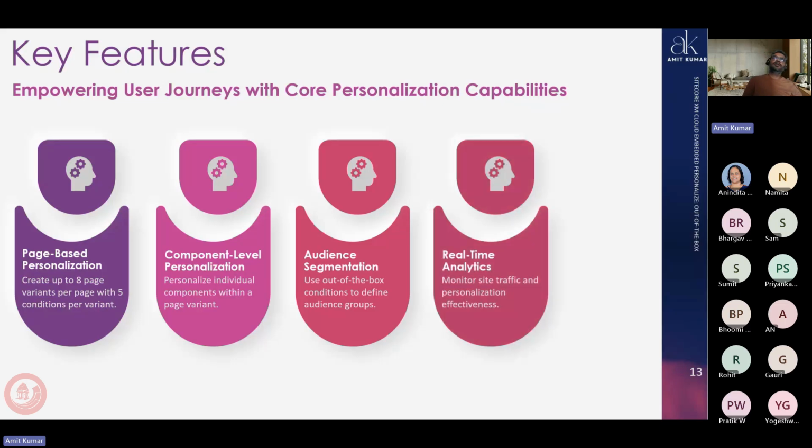Real time analysis, you can monitor how your pages or site traffic perform, you can get that report easily in the embedded personalization, and you do not need to buy any license to utilize this. So once you provision XM Cloud, some set of conditions and audience segmentation data you will get out of the box.